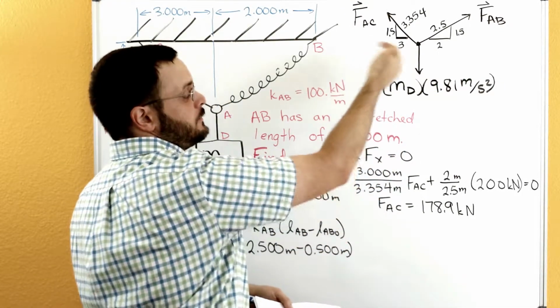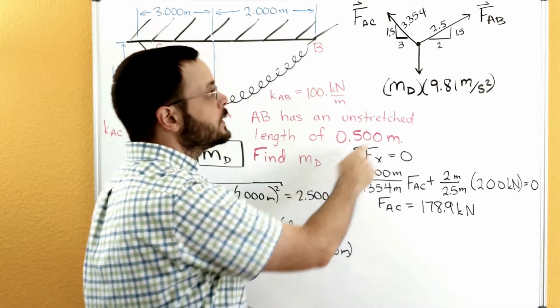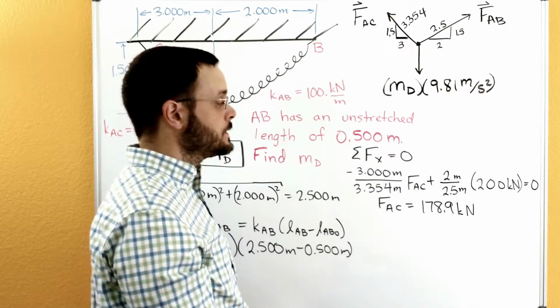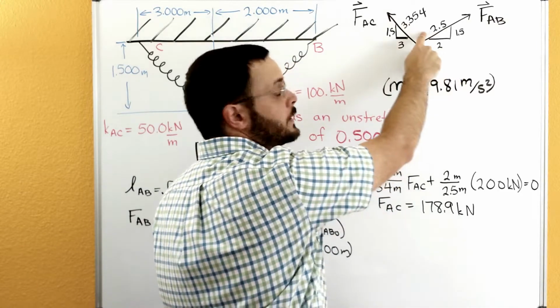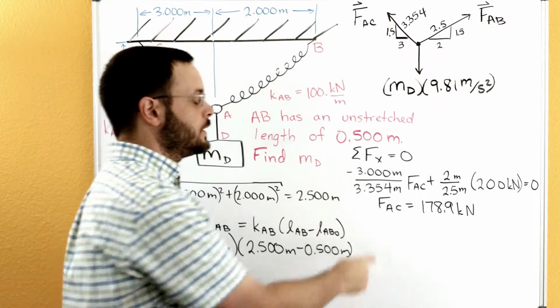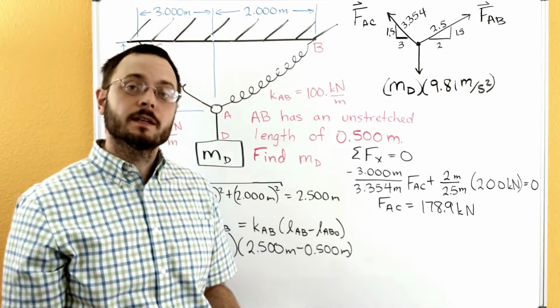It's going in the negative X direction, so it has a negative sign out in front of it. Over here we have FAB. We already solved for that one. We know that it's 200 kilonewtons. And then same thing, it's going to be the 2 meters divided by the hypotenuse distance, the 2.5 meters here. So we can go ahead and solve now and get the FAC is about 179 kilonewtons.